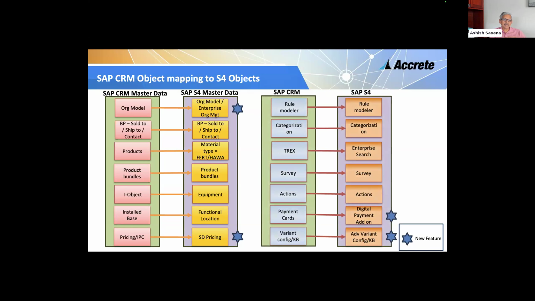The rule modeler, the categorization, the survey and actions are migrated to SAP S4 the way it is. T-Rex, which is a search engine based on Java, is gone. It's replaced with enterprise search in S4, which is standard functionality in S4. Two new functionalities have been added in S4. Payment cards, which you are using in SAP CRM, won't work the way it is.